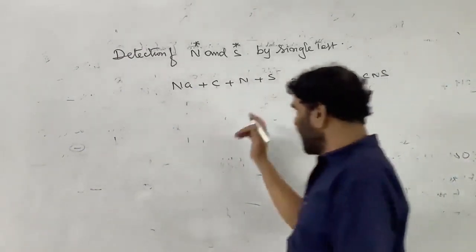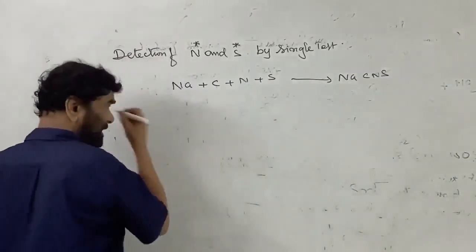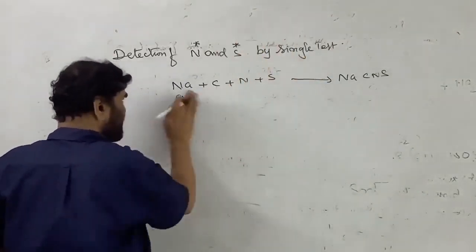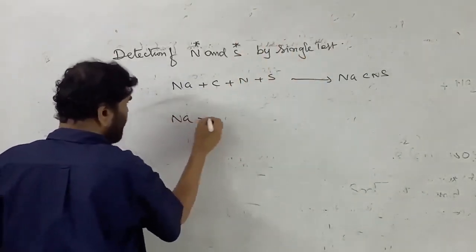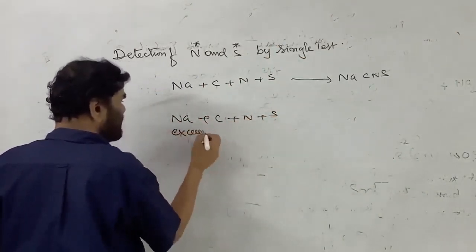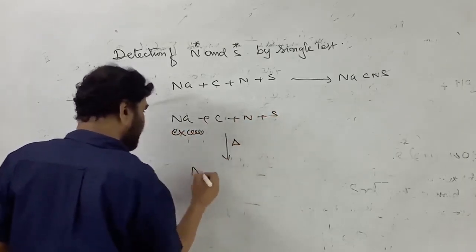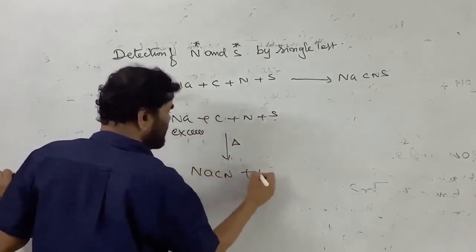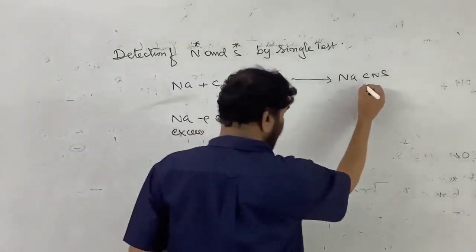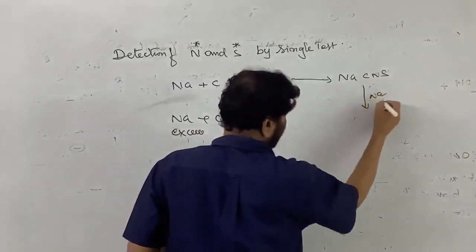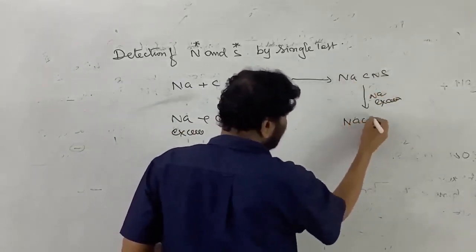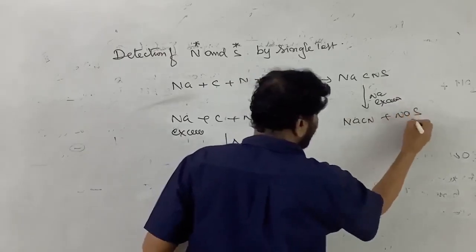To avoid this, the reaction is carried out with excess sodium. Under normal conditions that is the case. Suppose carbon, nitrogen and sulfur are all present; if excess sodium is used and heating is carried out, simple salts are formed, sodium cyanide and sodium sulfide. The thiocyanate reacts with the excess sodium and decomposes.